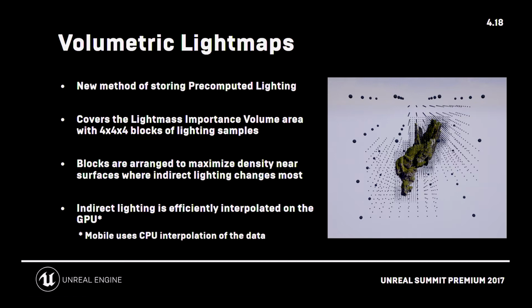So the way volumetric light maps work is they're basically turned into a big 3D texture or a data structure that covers a 3D area around the light map importance volume. And actually, we divide the 3D texture into blocks which maximize the density near surfaces where the indirect lighting is changing the most.